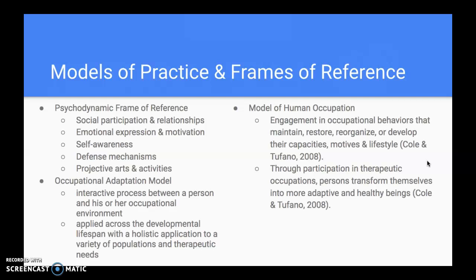And last, the model of human occupation has a focus on engagement in occupational behaviors that maintain, restore, reorganize, or develop their capacities, motives, and lifestyles. And really thinking that through participation in therapeutic occupations, our clients can transform themselves into more adaptive and healthy beings.